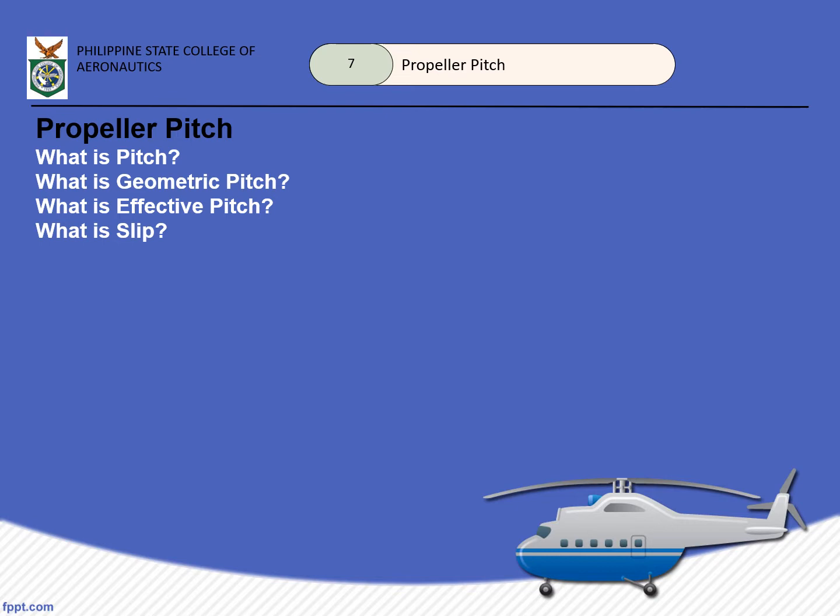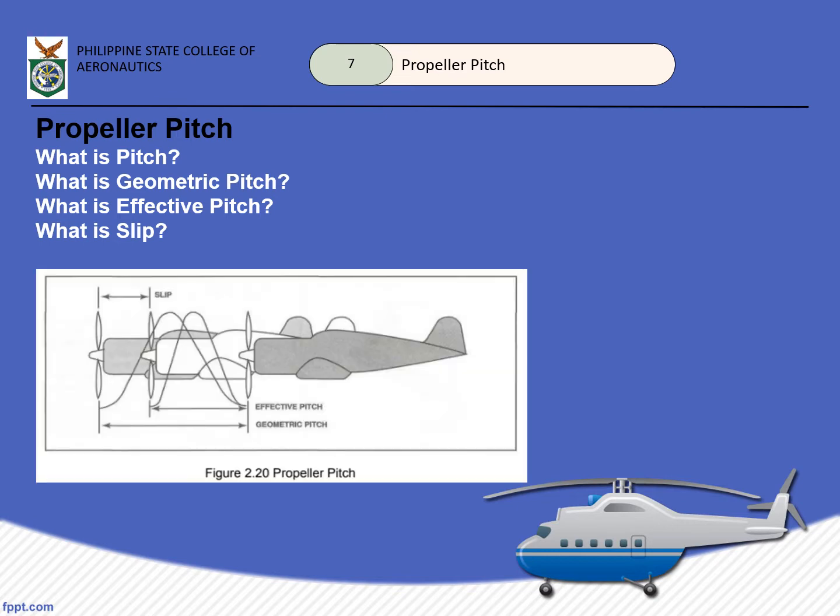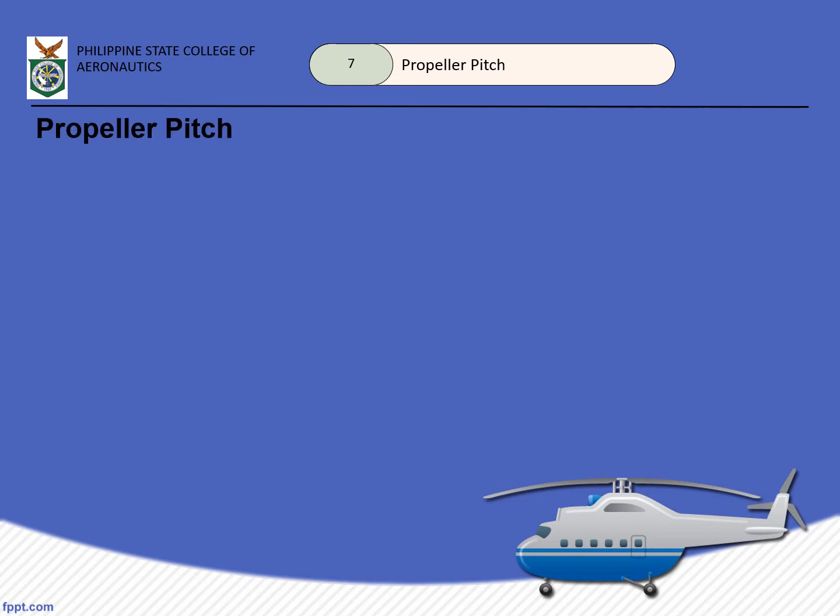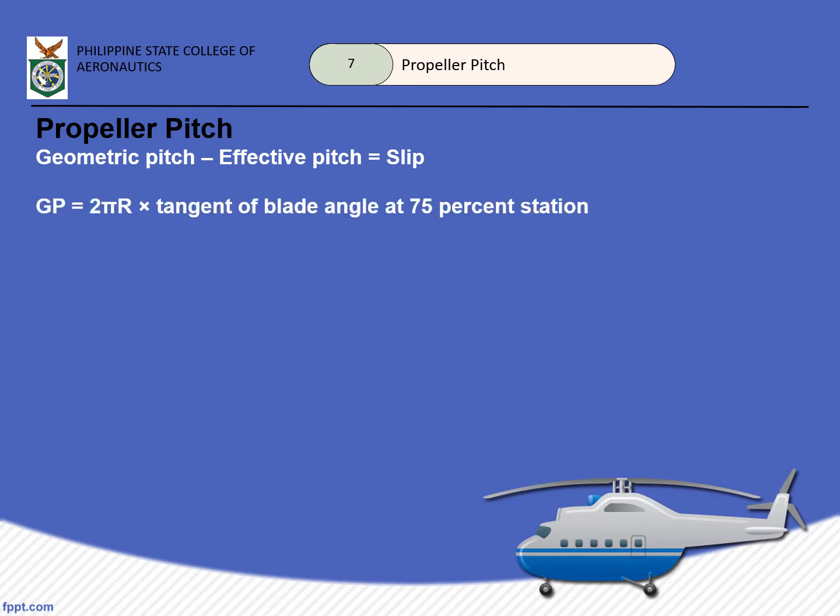So, in order for us to understand more, here is our photo, and syempre, meron na tayong problem. So, diba by definition, slip is the difference nga between geometric and effective pitch. So, how do we get geometric pitch?